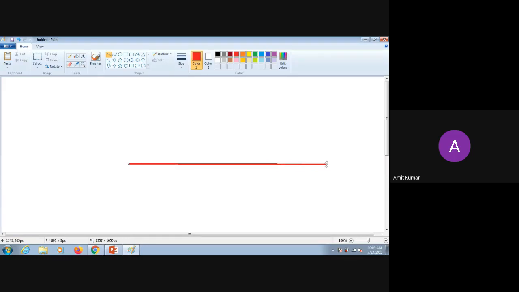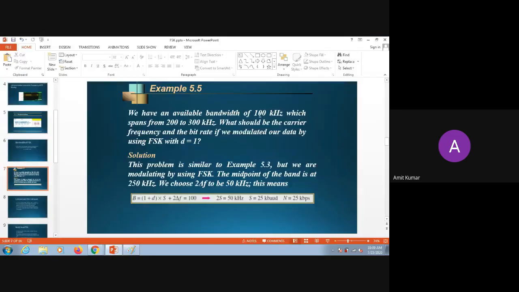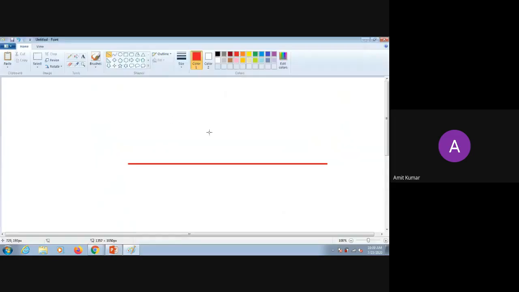Your bandwidth will always be available in the band pass way. So it is available at 200 and 300 kilohertz. One is available here, for example, and another is available here, and zero is here.